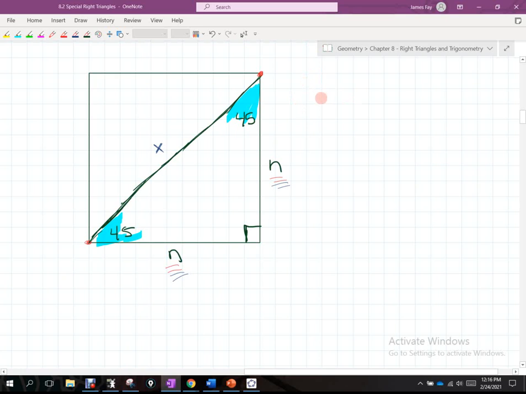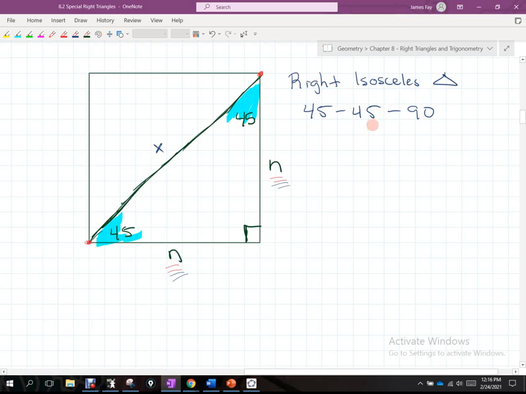Okay? So, what kind of triangle do we have here? It's a right triangle. Now, I'm going to classify it as a right isosceles triangle, or we can call it a 45, 45, 90. You'll see both terminologies used.